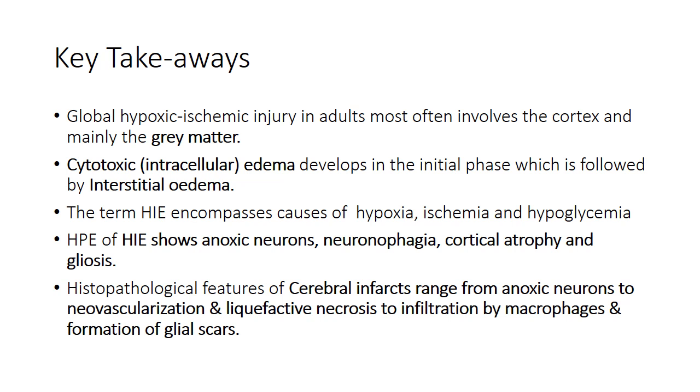The histopathological features of hypoxic ischemic encephalopathy show anoxic neurons, neuronophagia, cortical atrophy, and gliosis. Histopathological features of cerebral infarcts range from anoxic neurons to neovascularization and liquefactive necrosis to complete infiltration by macrophages, clearing and formation of cystic spaces, and subsequent formation of a gliotic scar.